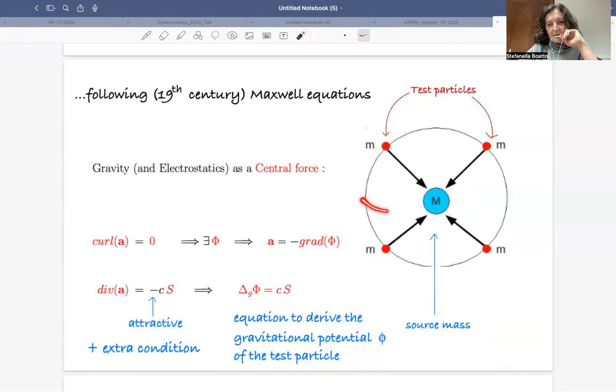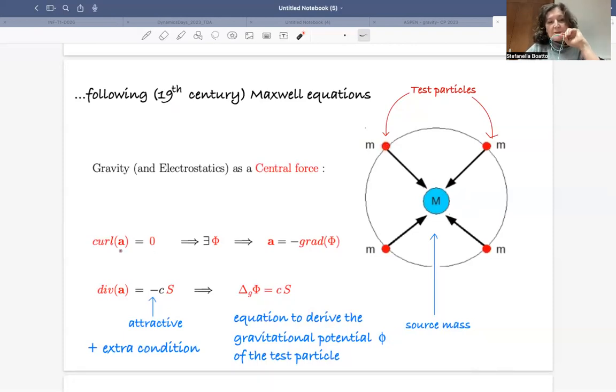Imagine a three-dimensional sphere, with dust particles, or satellites, or test particles at a distance r. We want to measure the force acting on each of these particles, so we can imagine the acceleration field at this point.